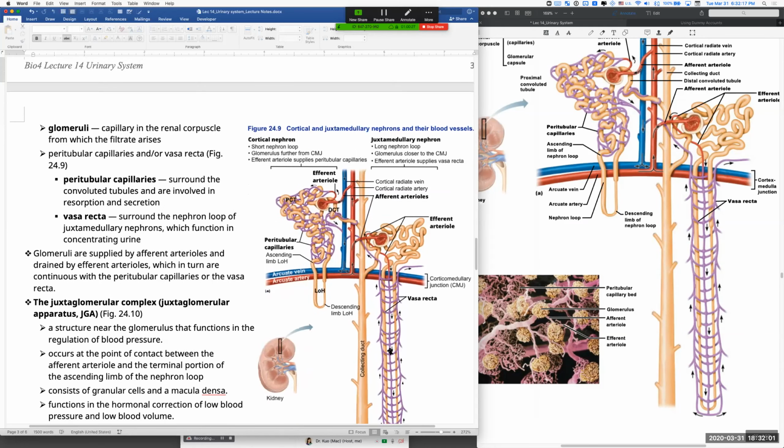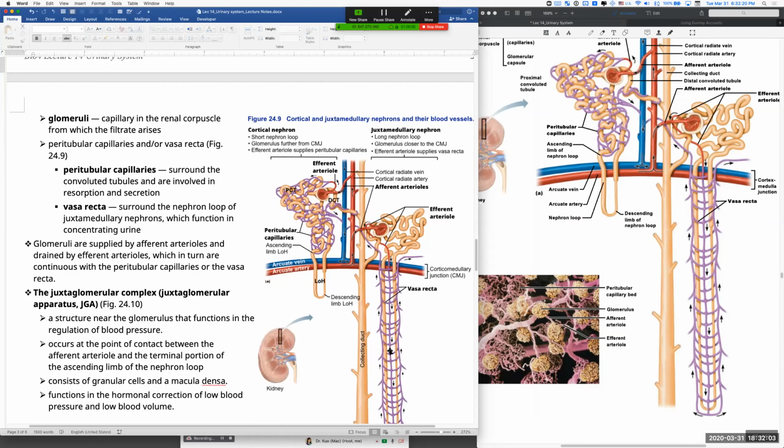Vasa recta are these specialized blood vessels that are intimately wrapped around the long loop of Henle of these juxtamedullary nephrons. Students have seen pictures that look slightly different from this. I want to mention that the peritubular capillaries can either lead directly back to the cortical radiate veins, or they can lead into these vasa recta before draining into the cortical radiate veins.